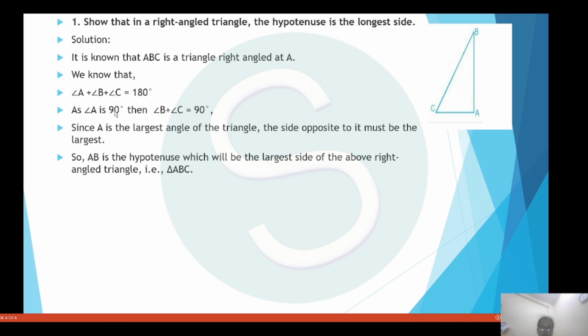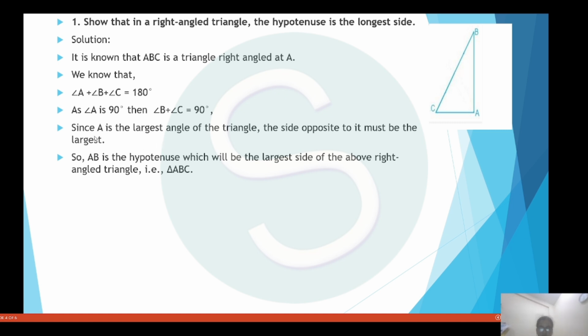So here we can see B plus C equals to 90 degree and A is also 90 degree. So we can say that A is the largest angle of the triangle. So if A is the largest angle of this triangle, then we can use the result that side opposite to the largest angle must be the largest side.